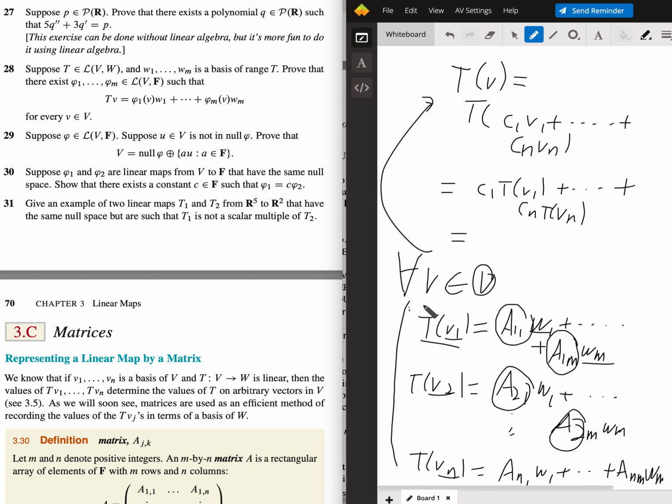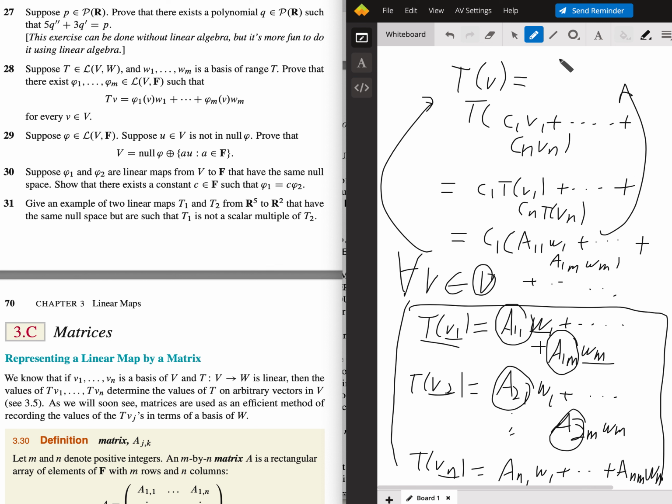This form is perfect because these are exactly what you want: we have T v1 through T vn, so you just substitute them in, and so on. You'll notice that the coefficient of w1 in this whole sum is really c1 times a11 plus, let's say, c2 times a21, and then etc.